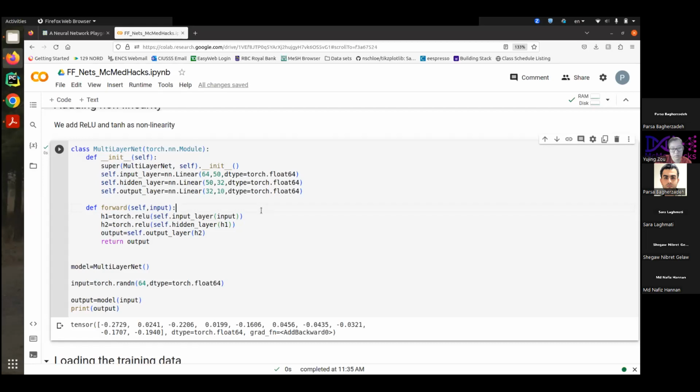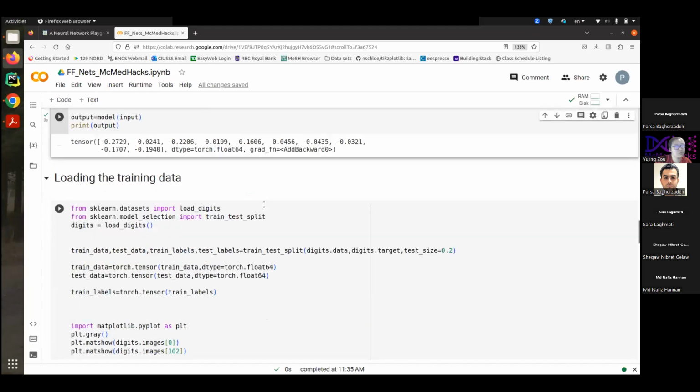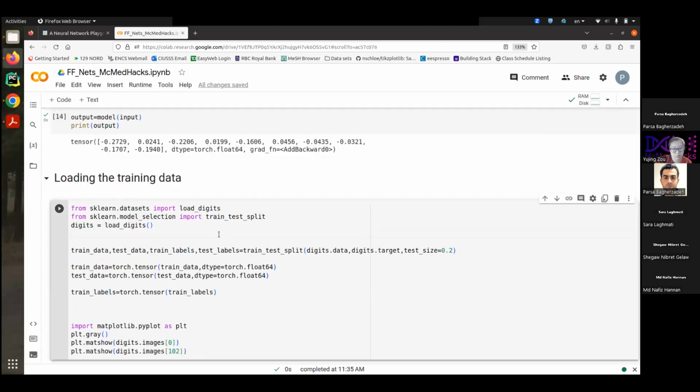So this is my network, a multi-layer network with nonlinearity that I can use to do training on a data set. For my purpose, I'm using the MNIST data set, or the digits data set.